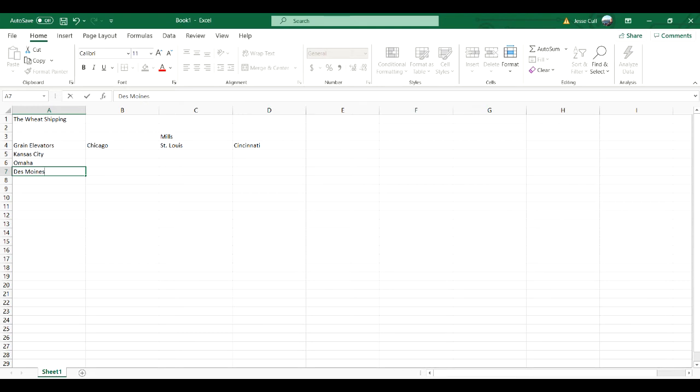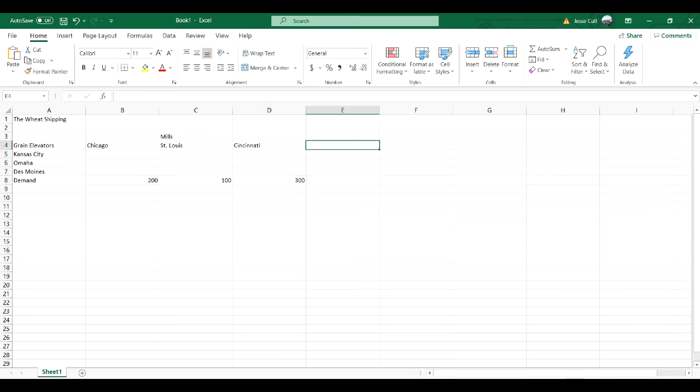Now, this is a little different than what we've done so far, but we're going to add a couple more things. Underneath here we add demand. For Chicago, we know the demand is 200. For St. Louis the demand is 100, and for Cincinnati the demand is 300.